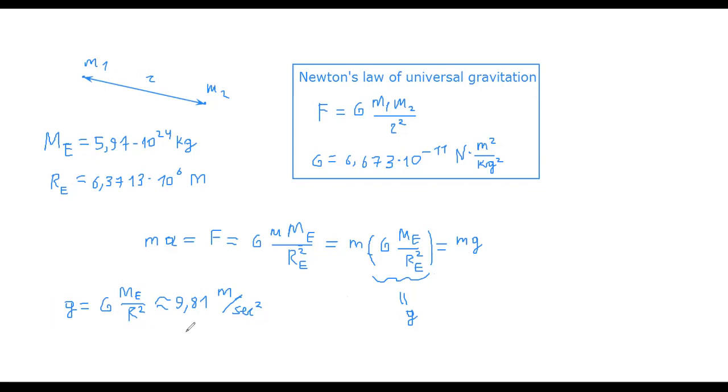This acceleration is the same for all bodies near the surface of our planet. Well, it can be different for different geographical regions, but approximately it is equal to this value.